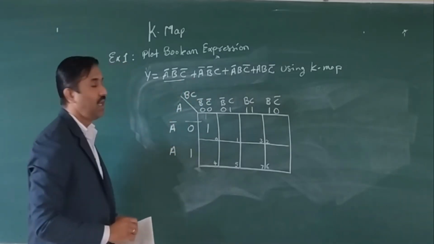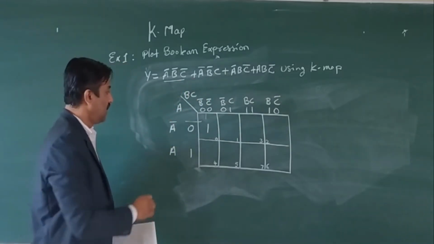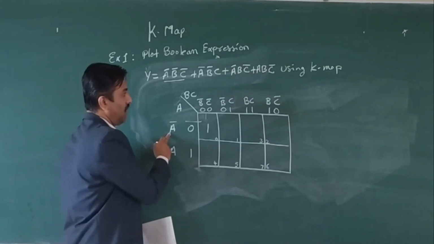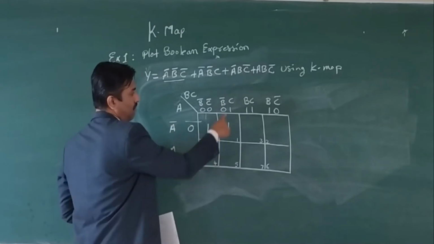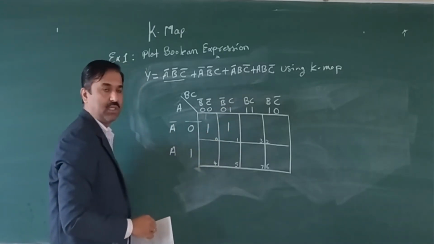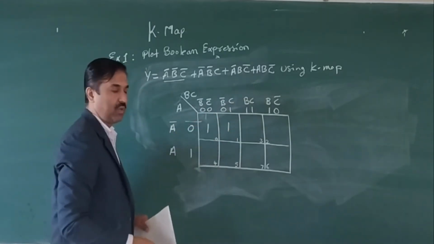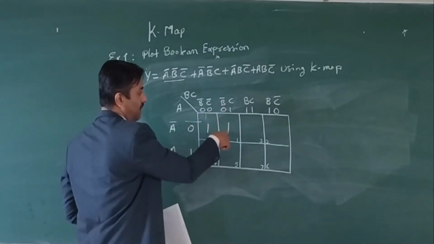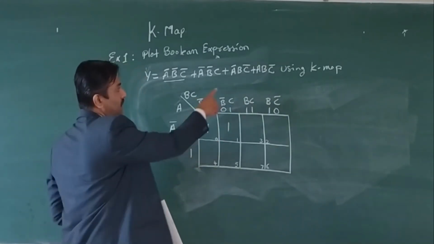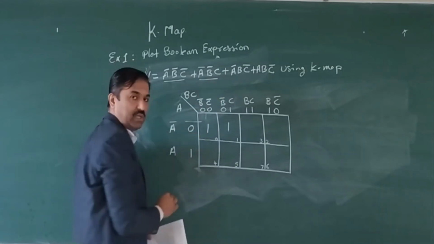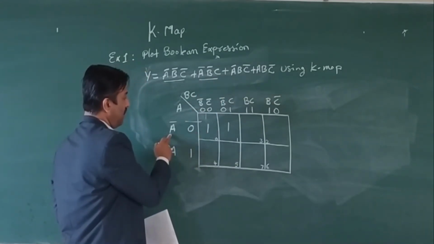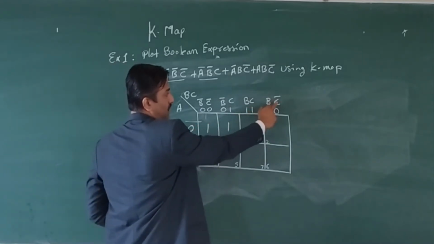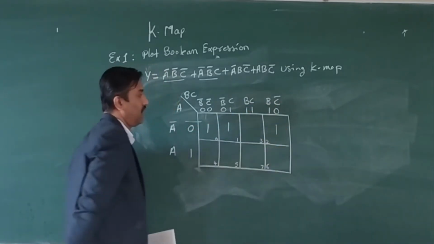The next one is A bar B bar C. Just intersect the cells which are coming together. A 1 comes here. So this term is over. The third term is A bar B C bar. I am going to put a 1 here.